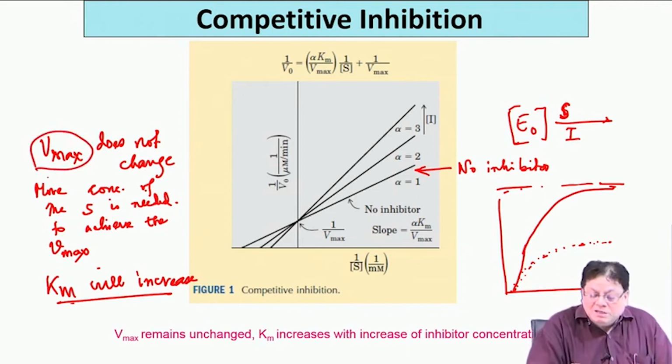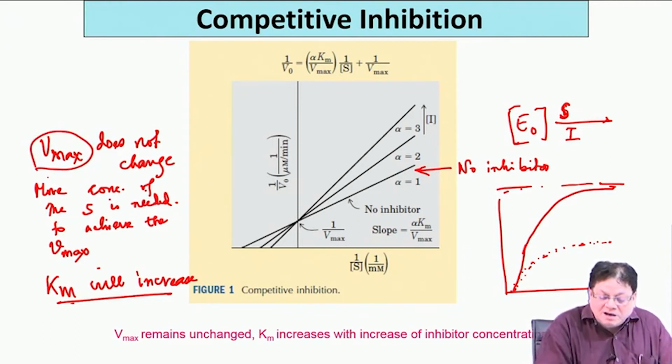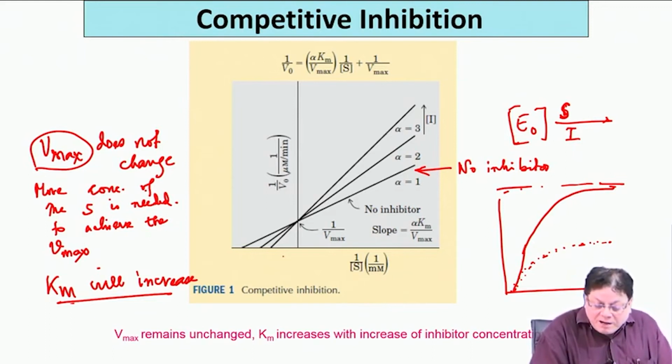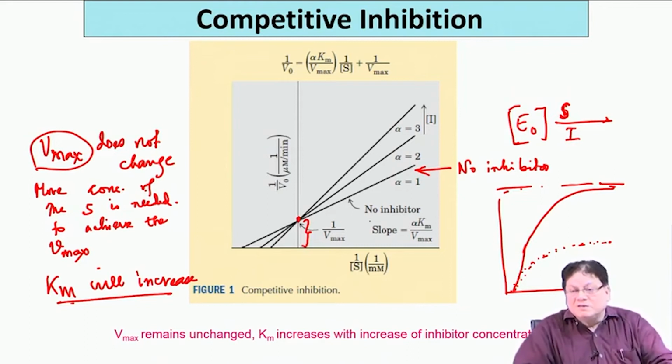You remember the double reciprocal plot without inhibitor is this line. Now in a competitive inhibition, as you draw the graph of 1 by V0 versus 1 by S, you will see that the lines all cut here, because this intercept is 1 by Vmax, and Vmax remains the same.